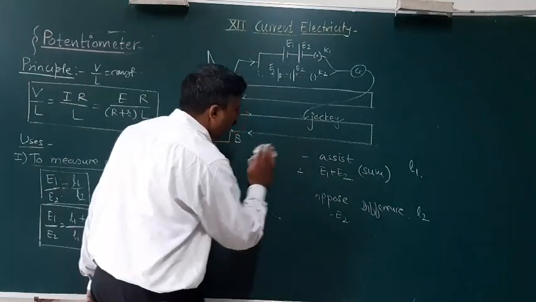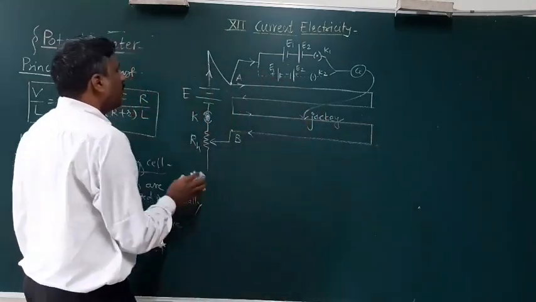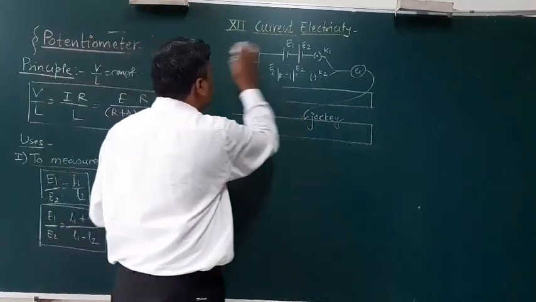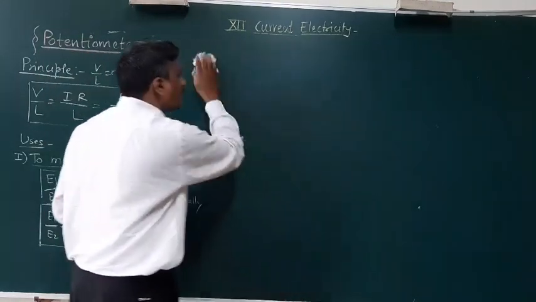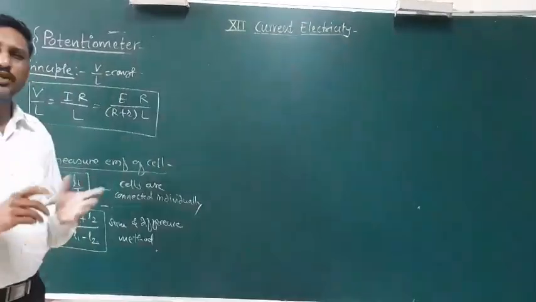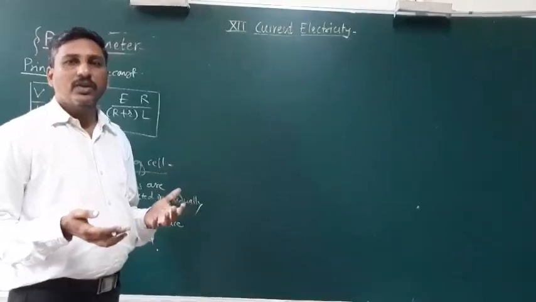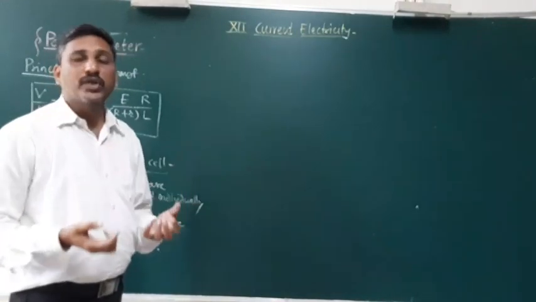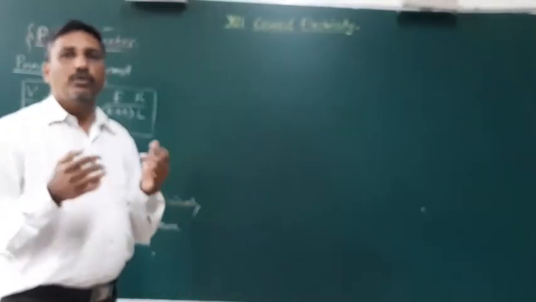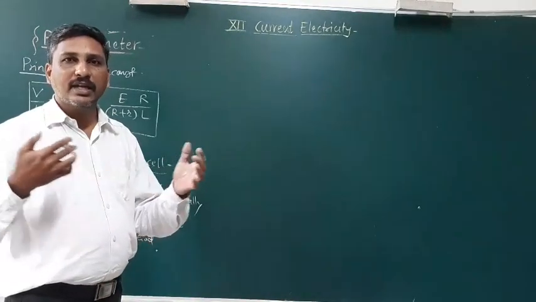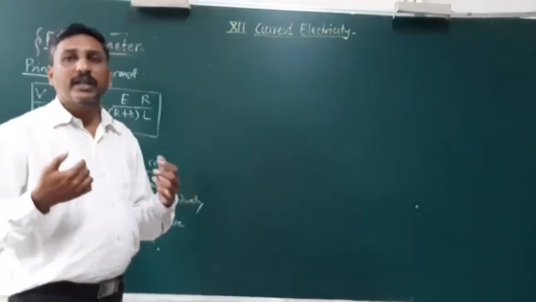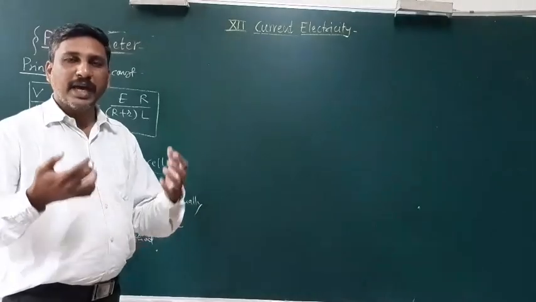Now see the next use of potentiometer, that is to measure the internal resistance of the cell. Internal resistance means the resistance offered by the solution. When cations and anions are transferred through the solution towards the cathode and anode respectively, there is some opposition produced by the solution, and that is the internal resistance.